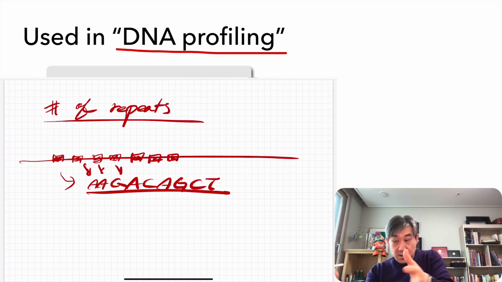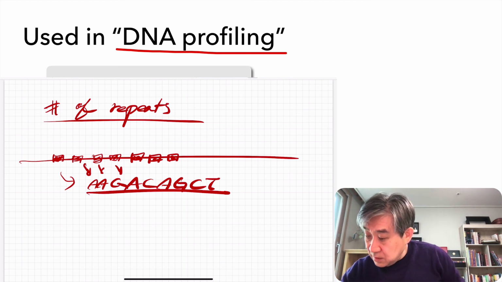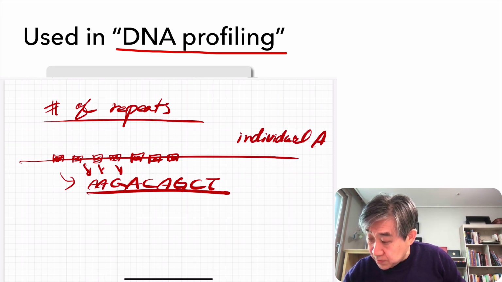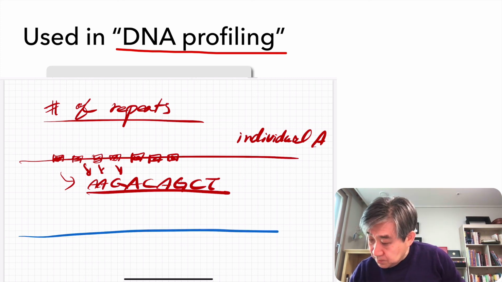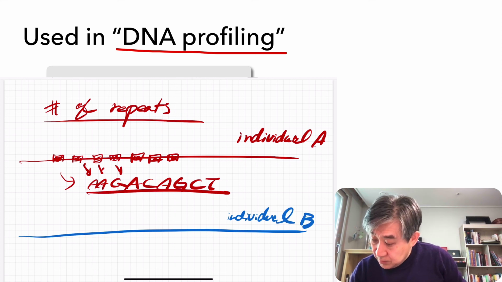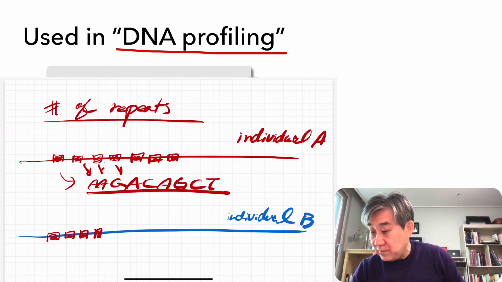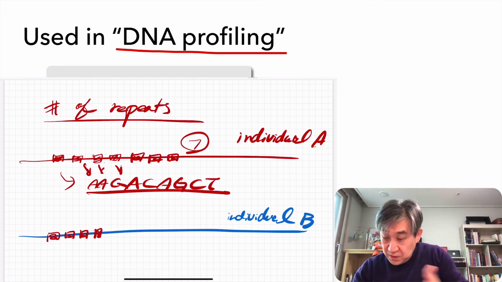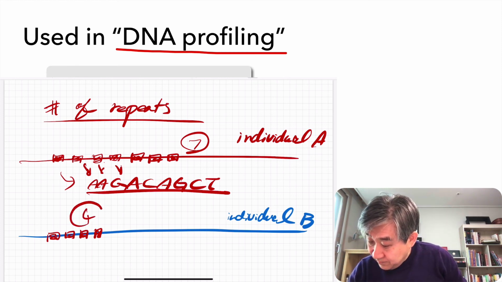This is a repeat. And the thing is, for person A and person B, the number of repeats is different. Here: 1, 2, 3, 4, 5, 6, 7, 8. Whereas individual B, with the exact same repeat sequence at the same locus, has only 4.